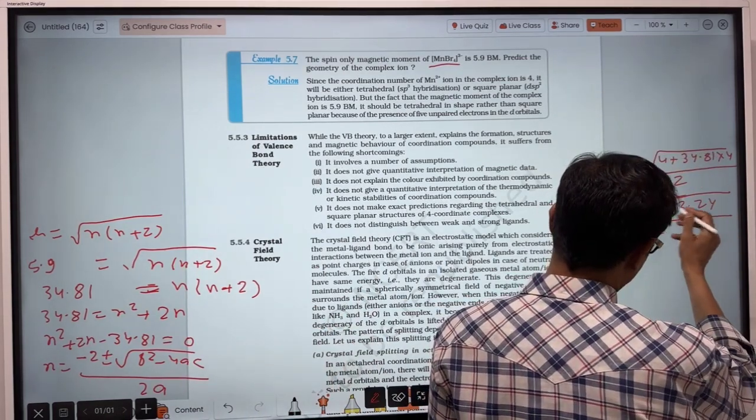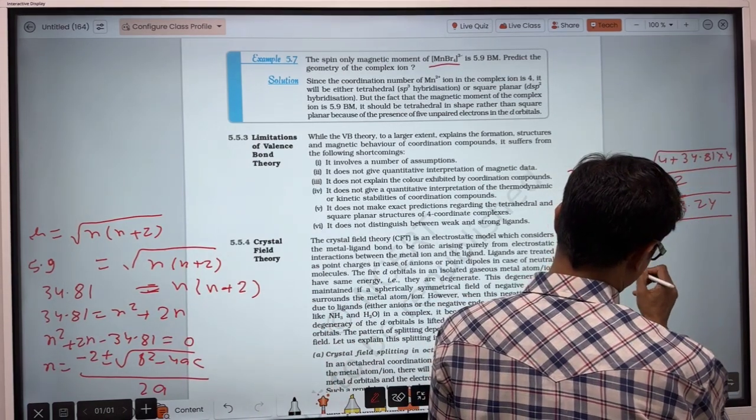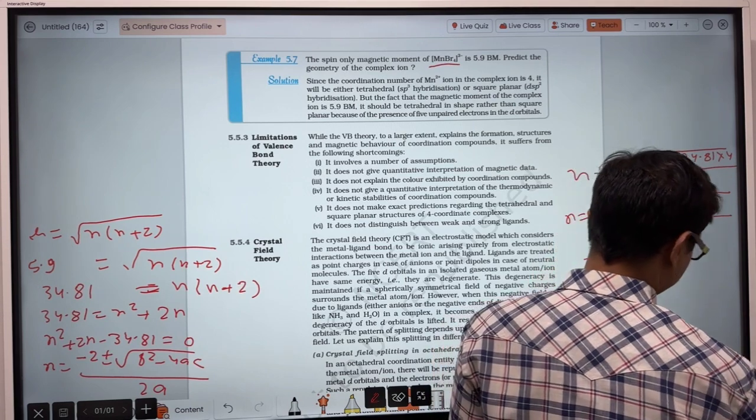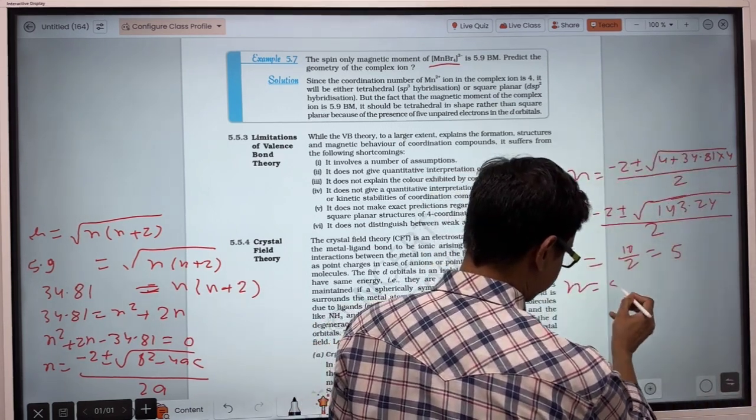So 12 minus 2 is 10, and 10 upon 2 will be 5. So the number of unpaired electrons is 5.